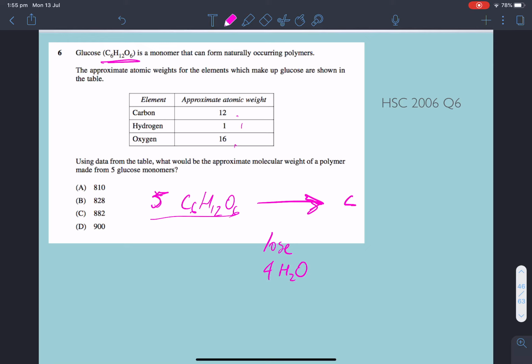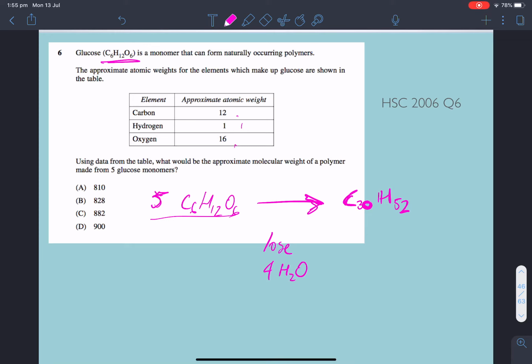So how many carbons is it going to have? 6 times 5, which is 30. For hydrogen, 12 times 5 is 60, but it's going to lose the 8 from 4 waters, so 60 minus 8 is 52.